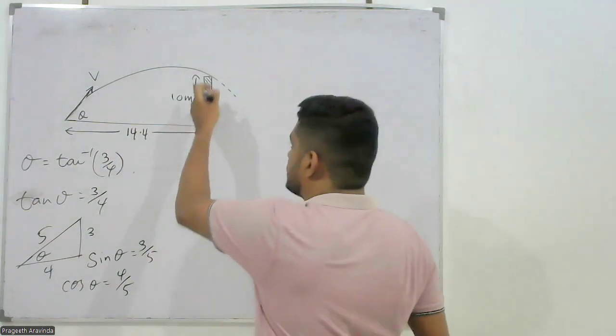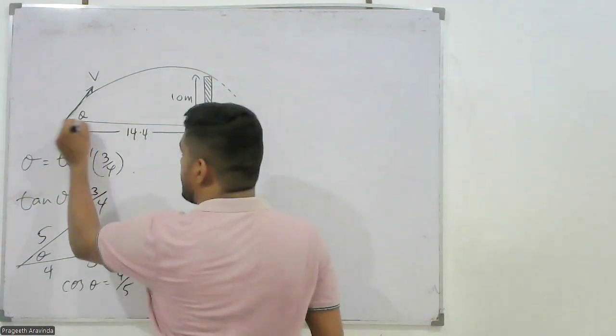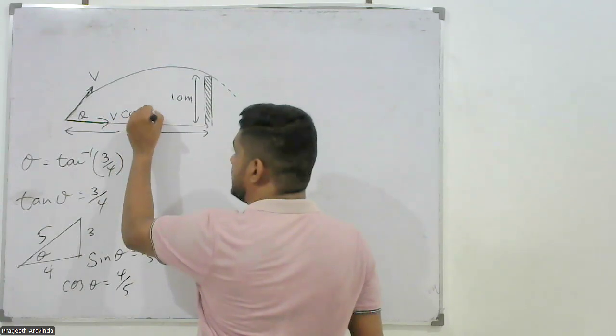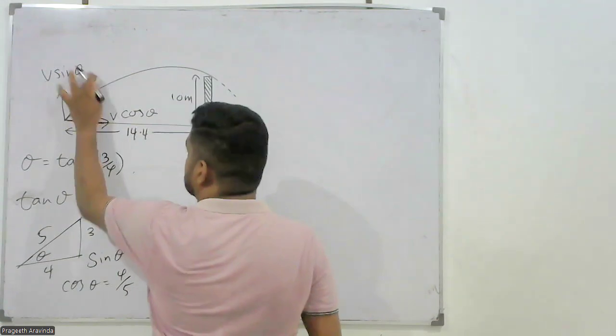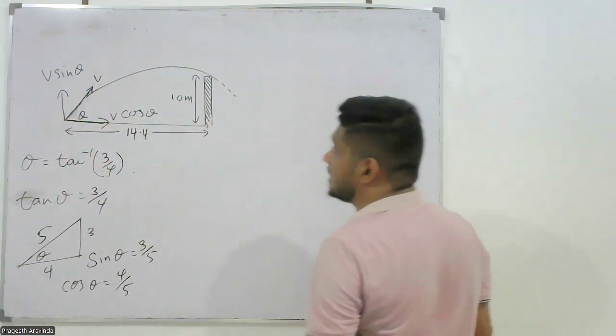So the components are v cos theta horizontally and v sin theta vertically.